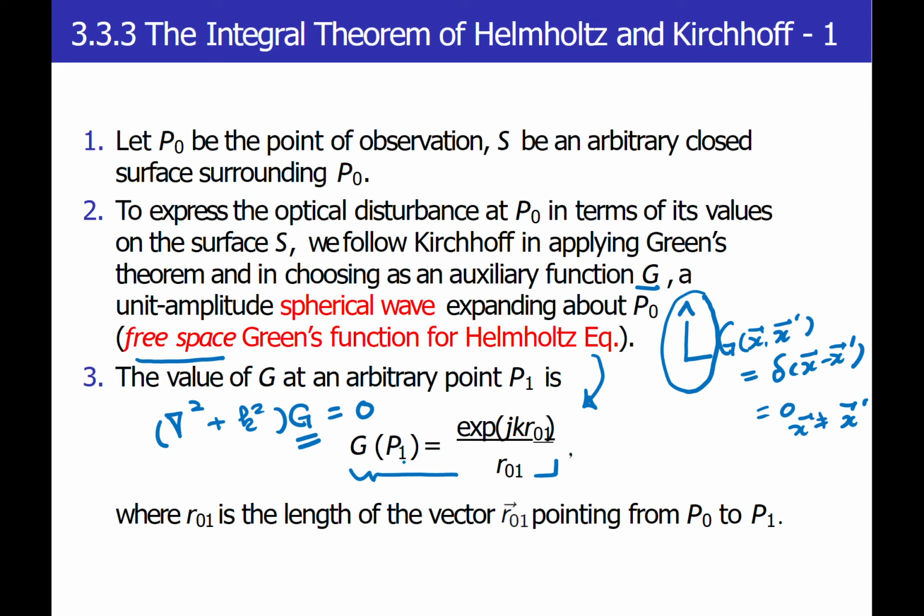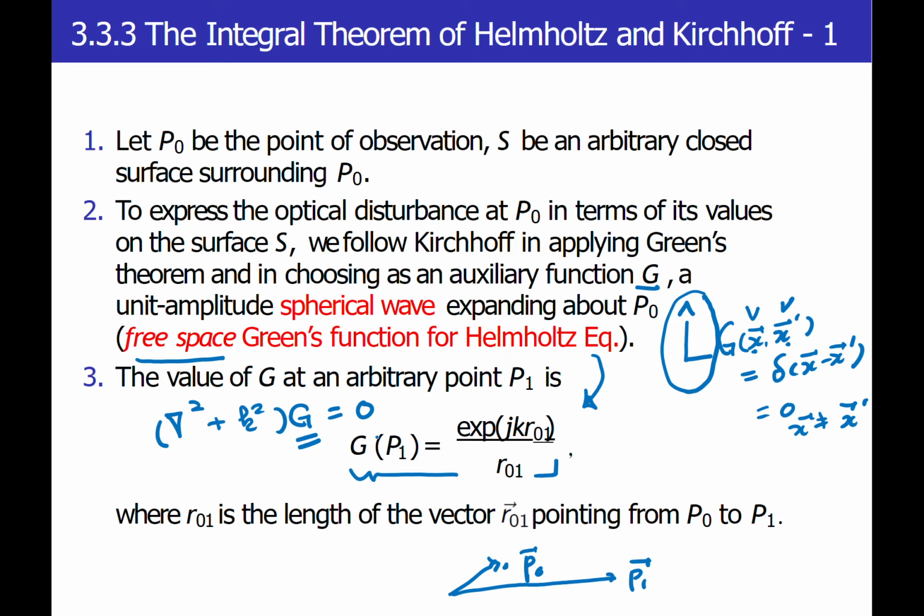So here note that G of P1 is given by R01. R01 is the vector pointing from P0 to P1. So there is some P0 vector, and then there is another P1 vector here. Okay. So note that a Green's function should have two vectors. If P0 and P1 are not identical, then it satisfies this one. Okay.